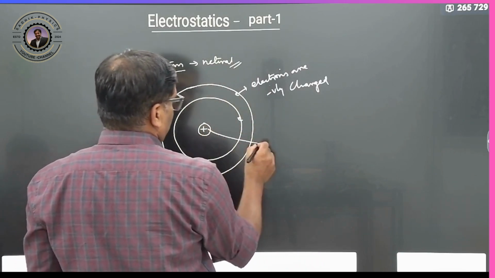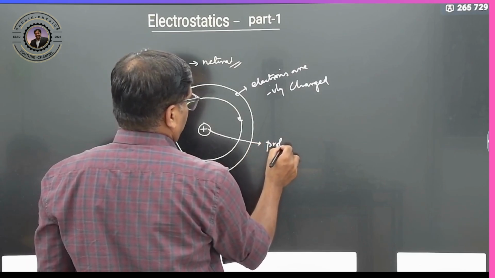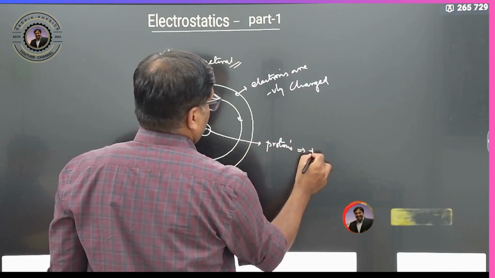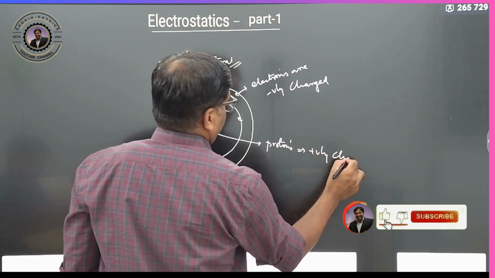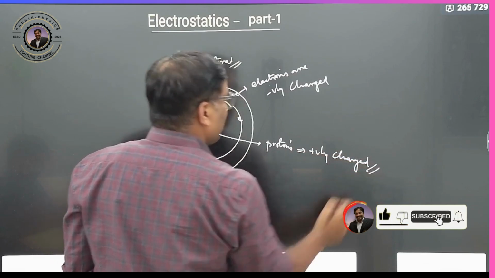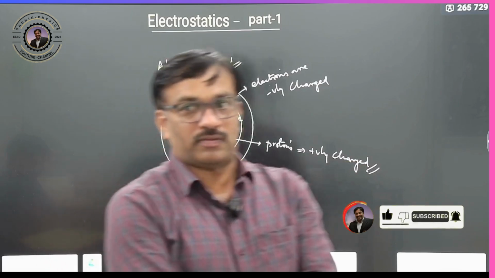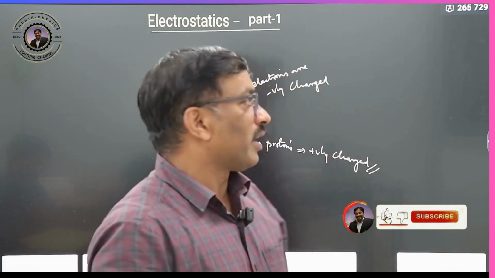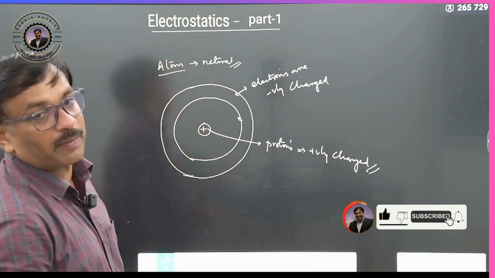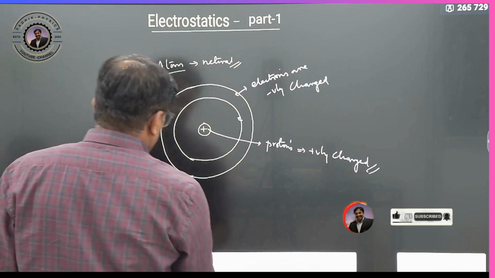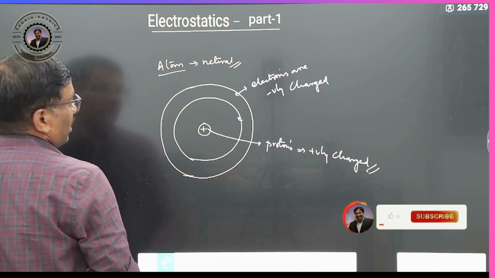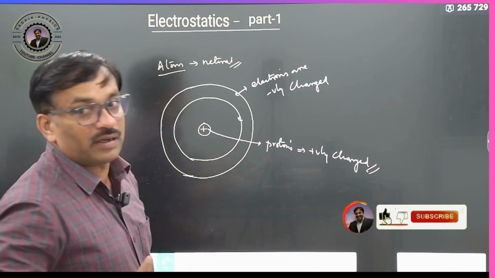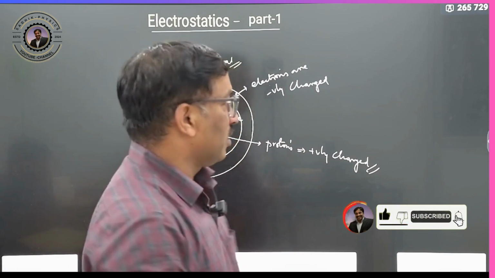Inside the nucleus there are protons. Protons are positively charged particles, right? Why are electrons named negative? Why are protons said to be positively charged? That we will also discuss in this chapter. What is meant by negativity? What does negative mean? That also we'll discuss.